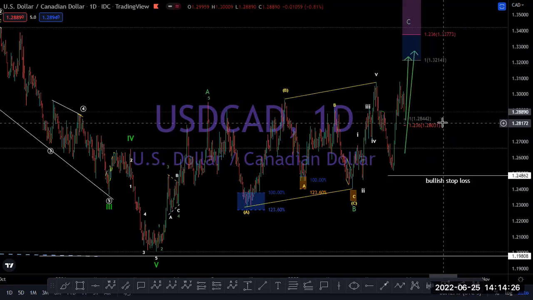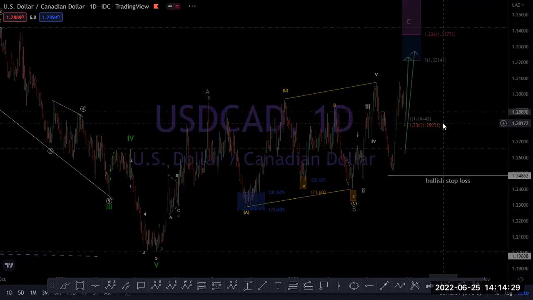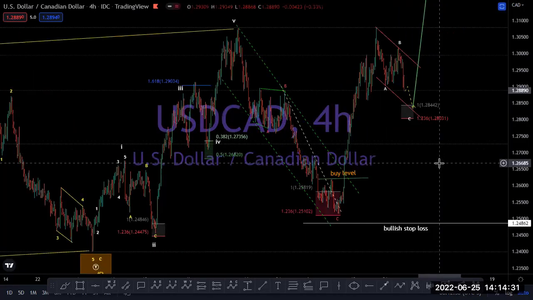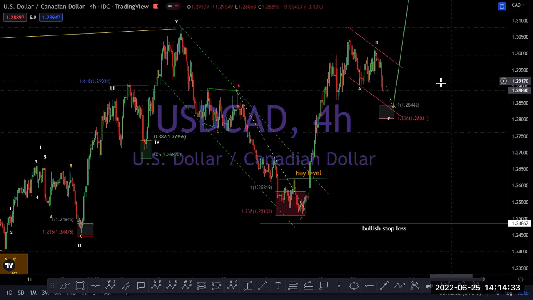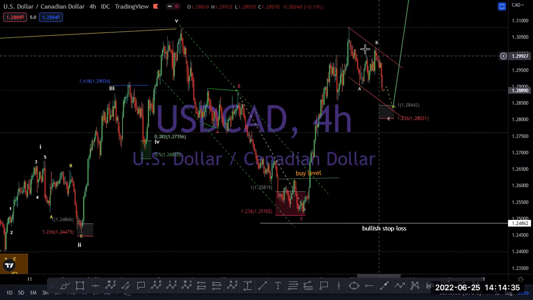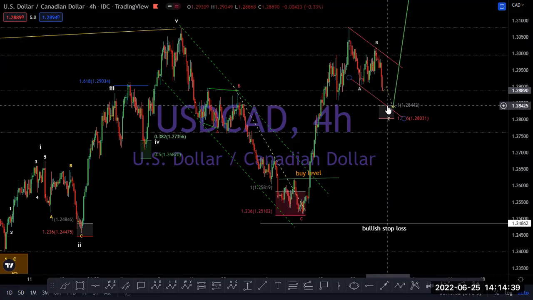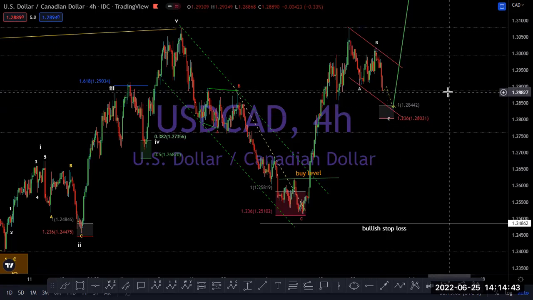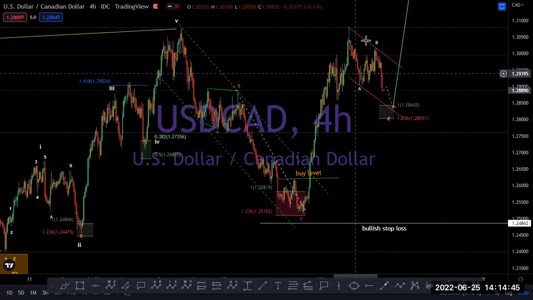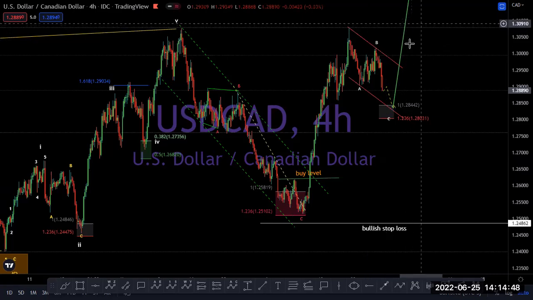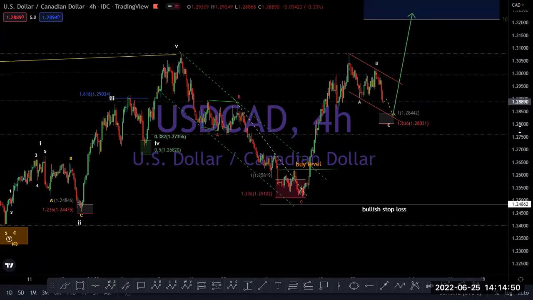Okay, so now let's look at how we will enter. Now 4 hours is what we need here, because if I get this A, B, C, if price drops to 1.280, I look for a buy setup because the trend is buy. So at least we need to have another move up.